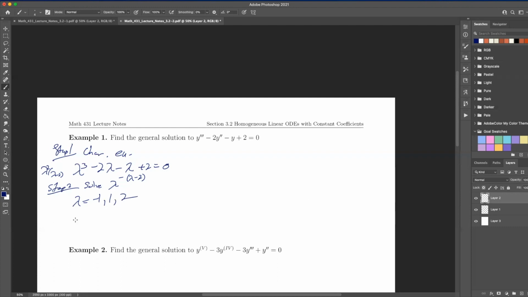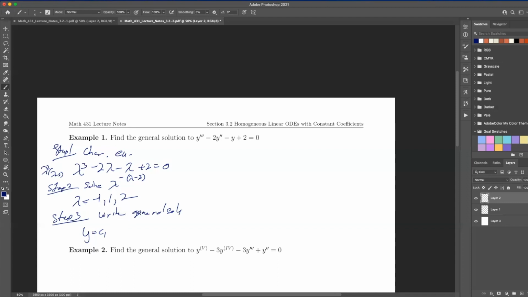This is a differential equations class. So here we solve for it. And so here's step 3. Write general solution. And so here our general solution is as follows. So it'd be C1. And so these are all real and distinct. So what do I have here?